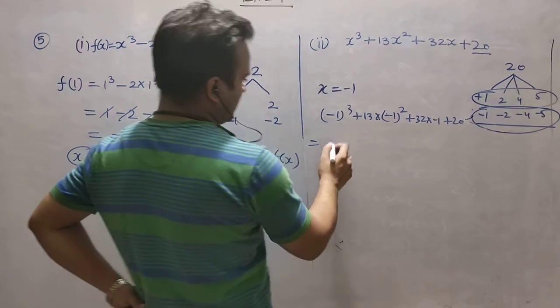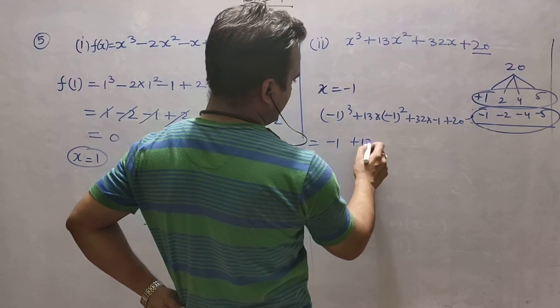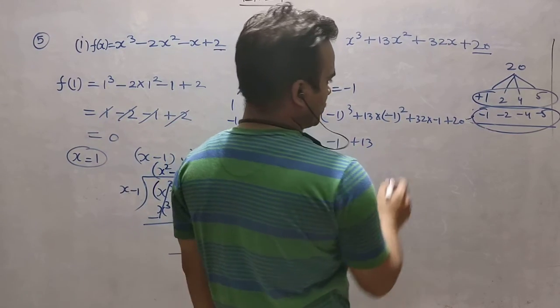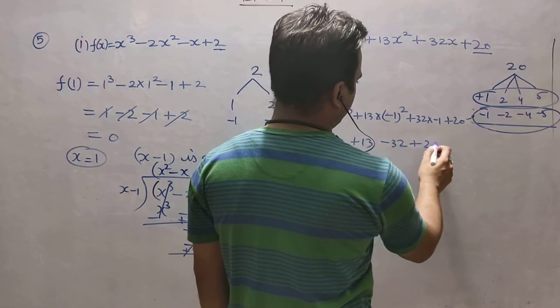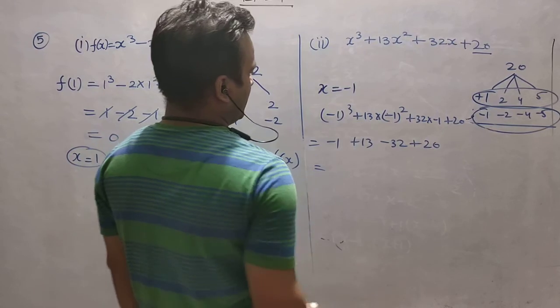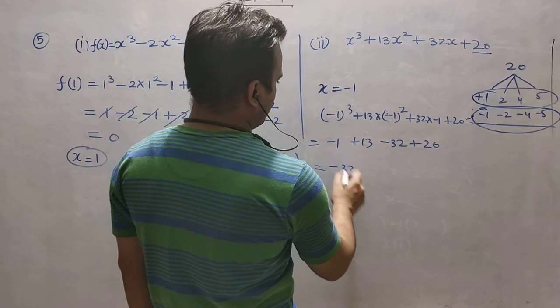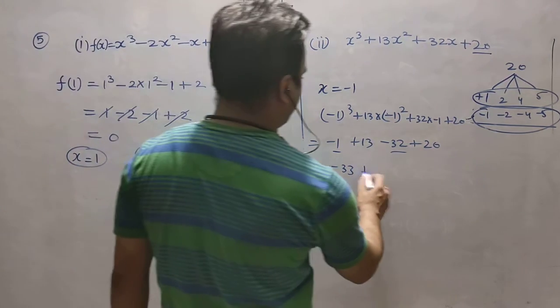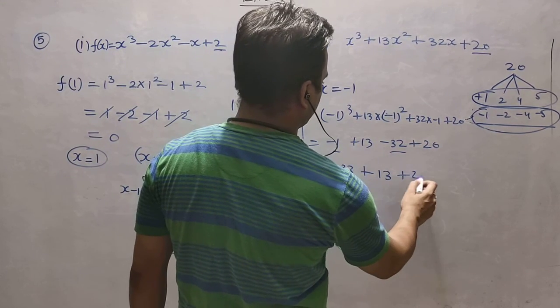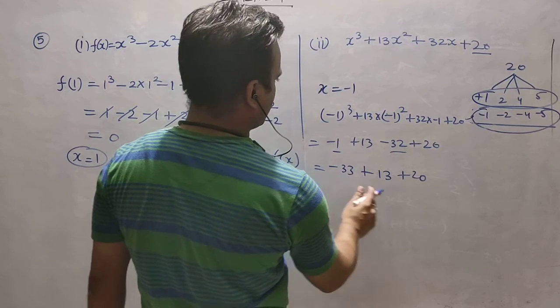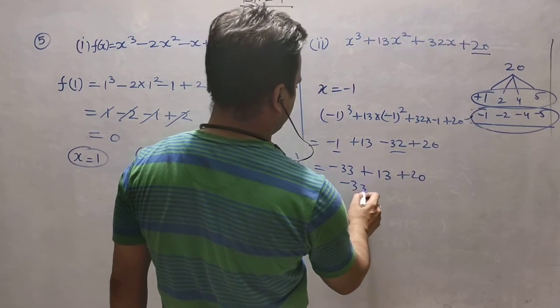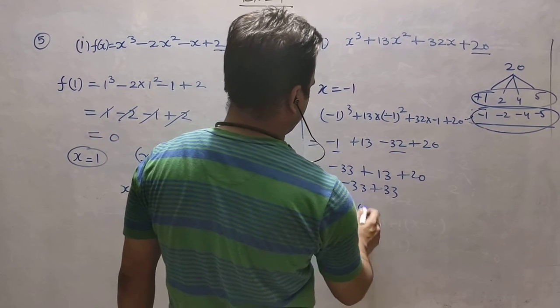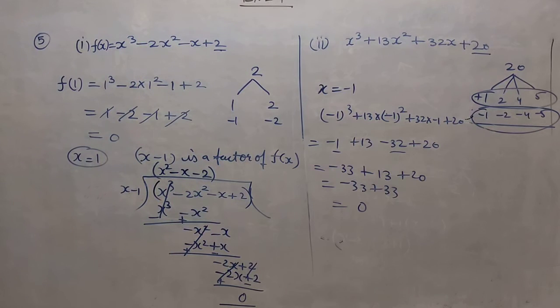Minus 1 cube is minus 1, 13 times minus 1 square is plus 13, then minus 32, and plus 20. So it is minus 33 plus 33, it will be 0, right?